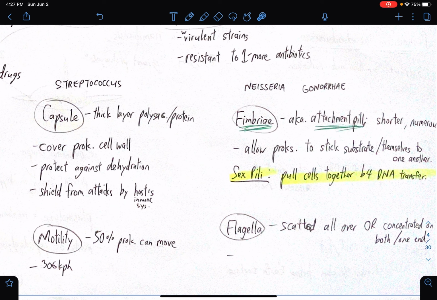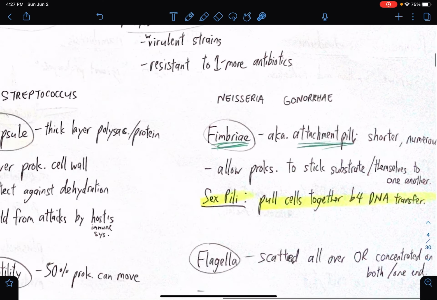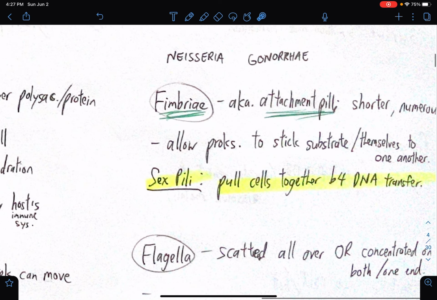How about fimbriae? Fimbriae are in other words called attachment pili. They are shorter and more numerous. They allow prokaryotes to stick to their substrate, or basically stick themselves to one another. It's associated with the sex pili. The sex pili pull cells together before the DNA transfer.